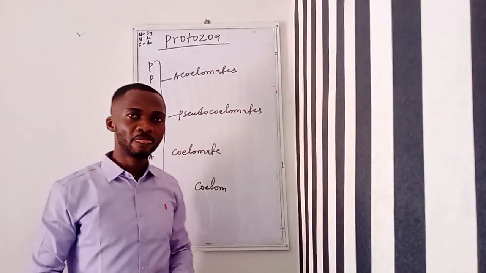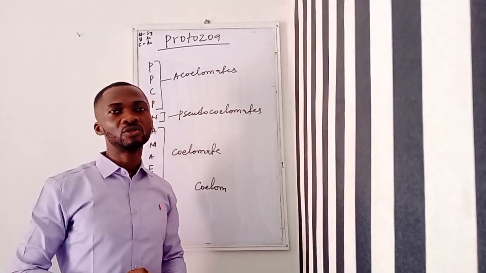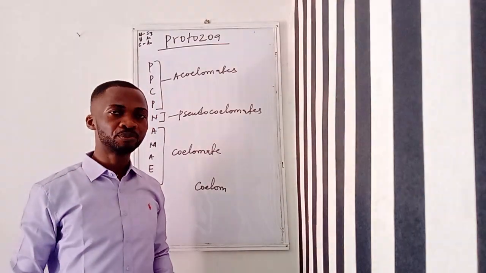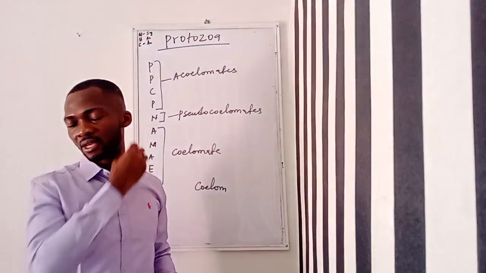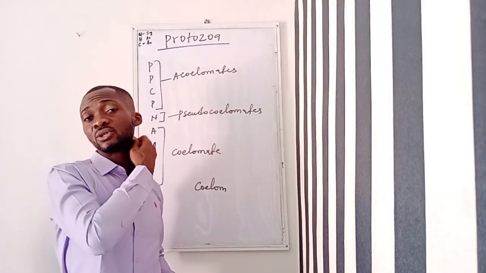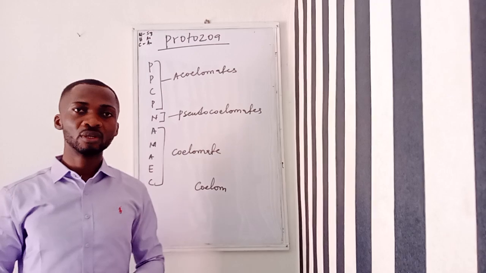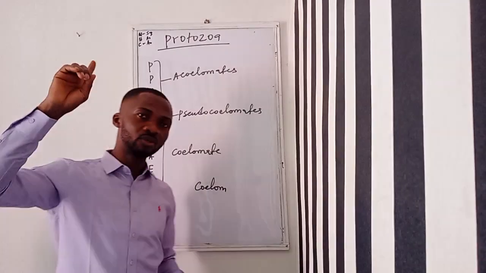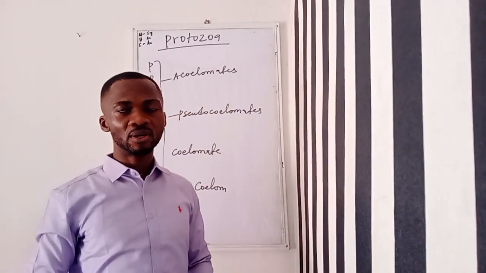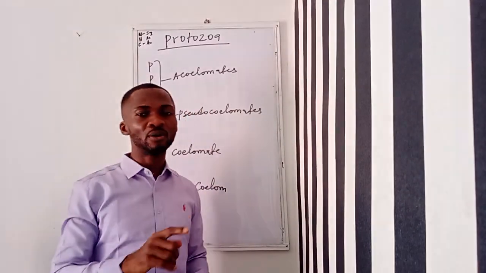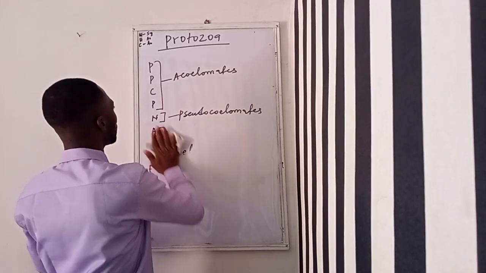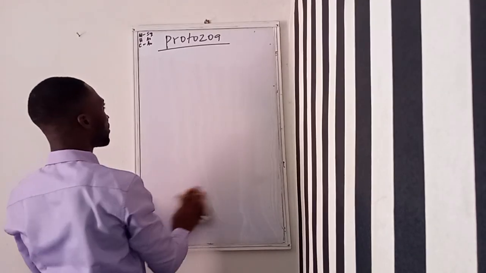Members of nematoda have coelom, but the coelom is not a true one, or they have, let me say, false coelom, just like you have false feet in amoeba, and that's what they call the pseudopodia. So they have false coelom, and that's what they call the pseudocoelomates. And nematoda is the only phylum that is categorized as the pseudocoelomates. So having given this introduction, let's now look at protozoa.